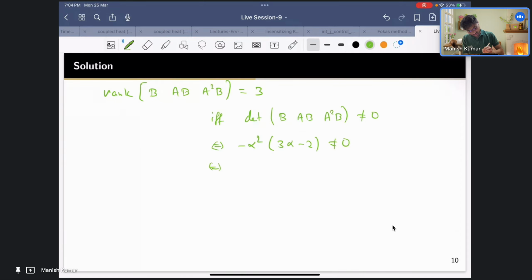This is if and only if alpha is non-zero and alpha is not equal to 2 by 3.